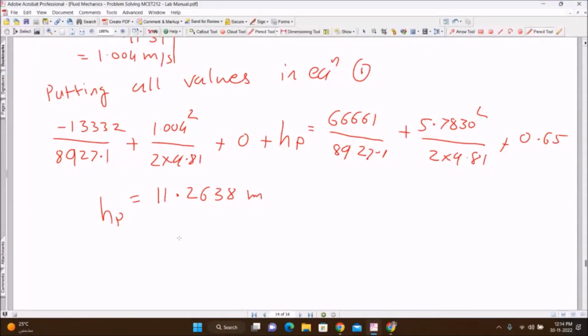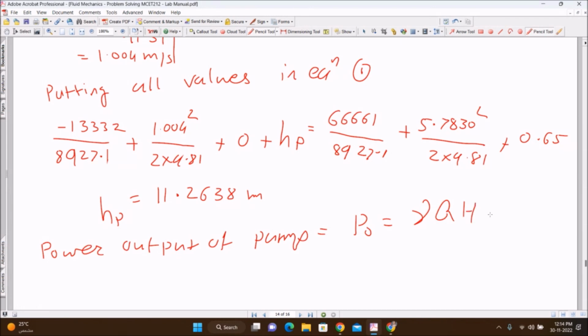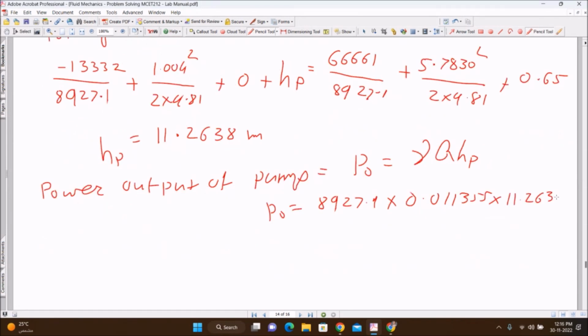So I can solve this equation and I will get HP equal to 7.2638 meter. As I know HP, I can find the power output of the pump: PO is equal to gamma Q HP, where HP is the head developed by the pump. So the power output is 1141.785 watt.